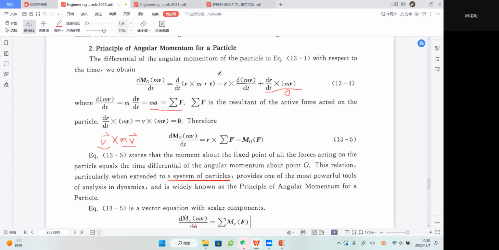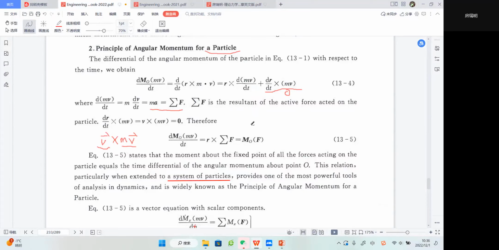So then we will have d(MO)/dt equal to r cross product sigma F. And this is the resultant force acting on this particle, actually the moment of this resultant force about the same point. So this is the principle of angular momentum for a particle, right?